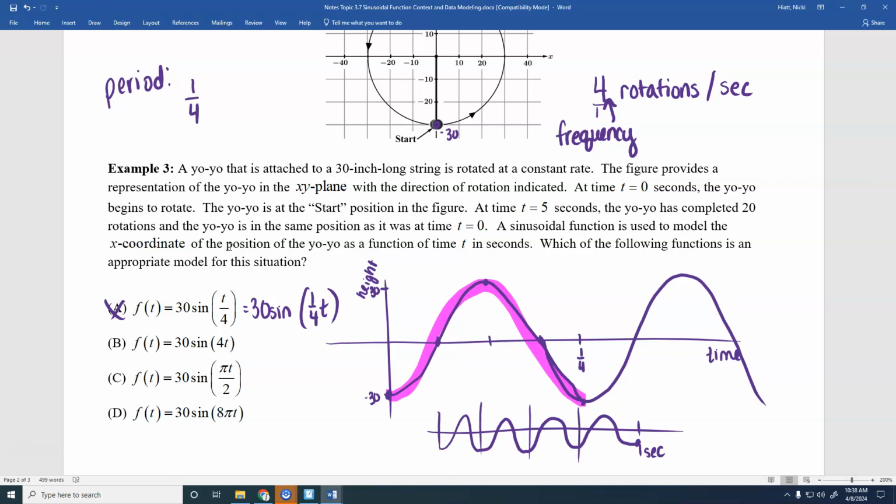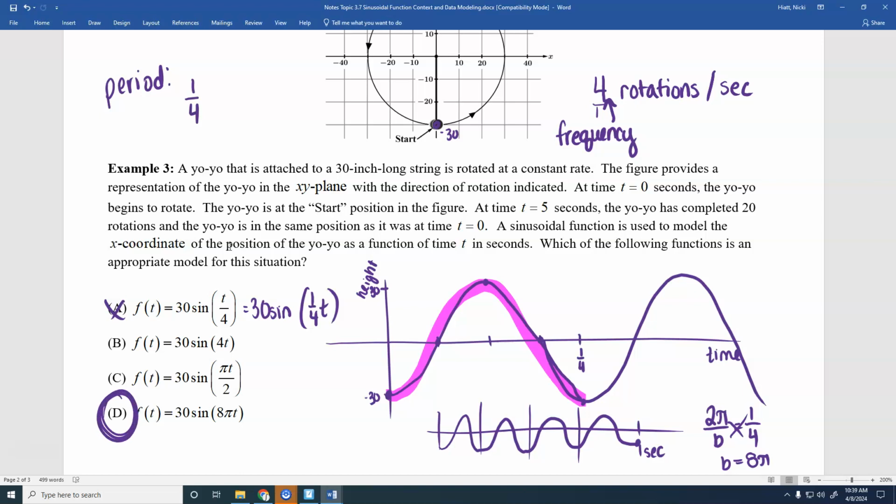So that's out because the period is just plugged in, and that's not how we find the b. To find the b, we do 2 pi divided by b equals the period, which is 1/4, right? So we would cross multiply. B would equal 8 pi. And so D is going to be your answer choice for that.